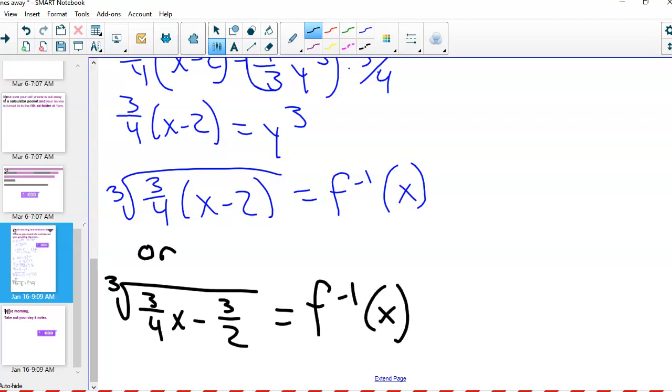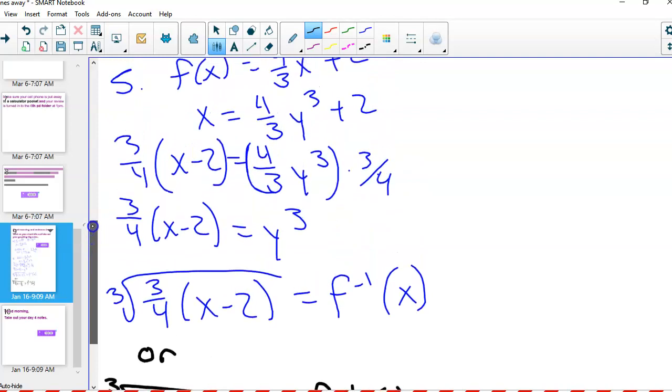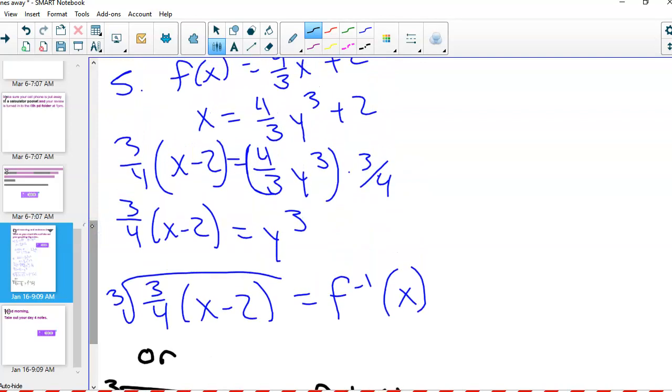So either one. Yes. Oh wait, I don't even know, I'm so confused. Oh, you multiply by the reciprocal.